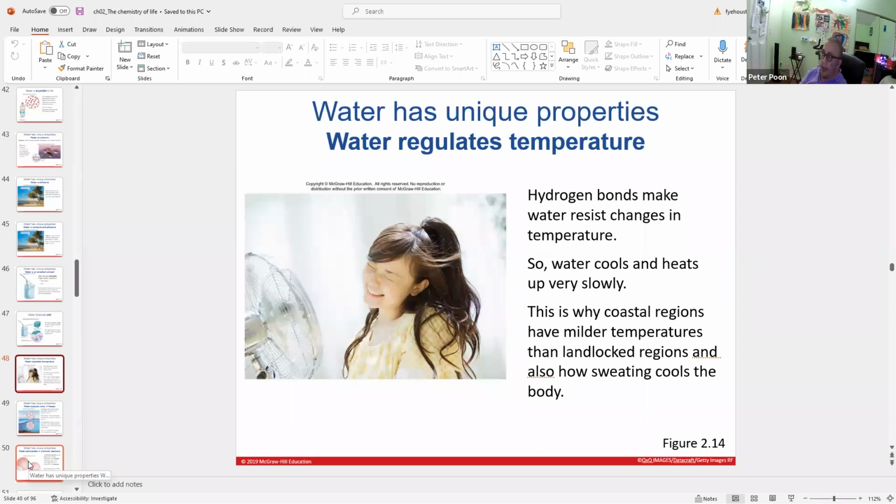During the day, the water absorbs a lot of the sun's heat, and that keeps the land cool. At night, it releases that heat and keeps the land warm. And therefore, the coastal regions don't have nearly as much temperature fluctuation as anywhere else.